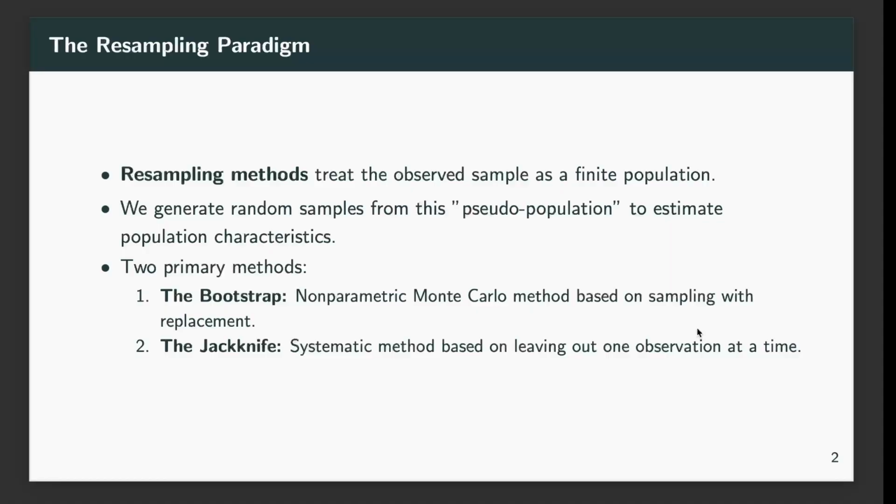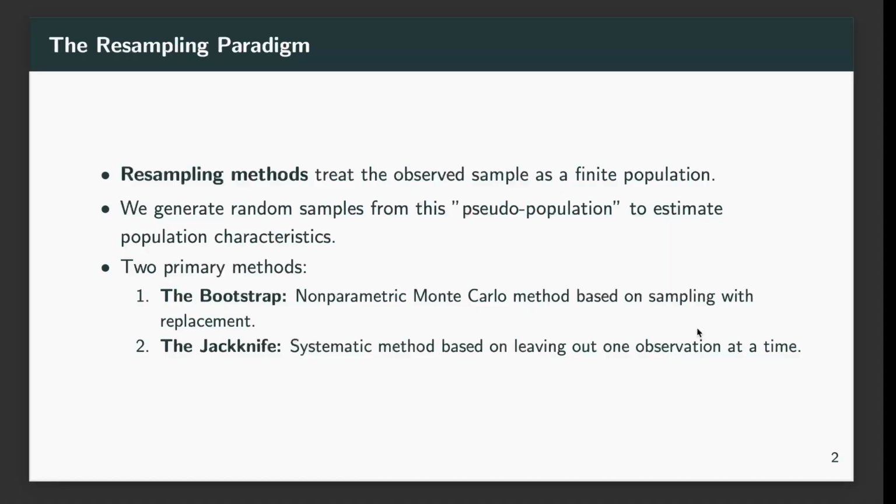We generate many replicated samples from our observed data, and from here we build up an empirical picture of the sampling distribution of the statistic that we target, for example the standard error, bias, or confidence interval. Then we let the computer do the work so that we don't have to solve them analytically.